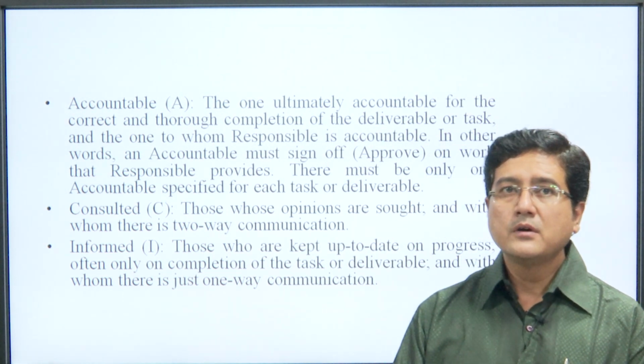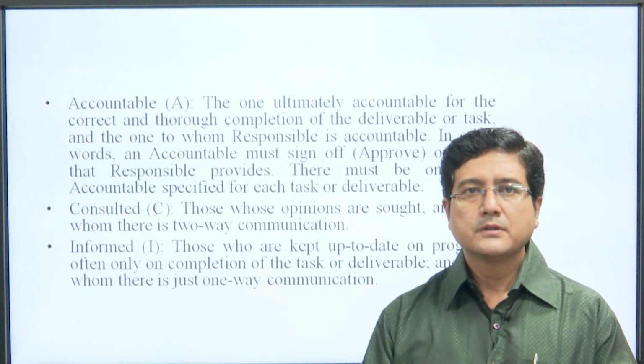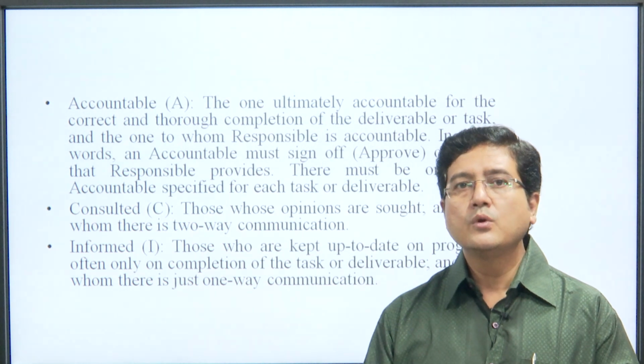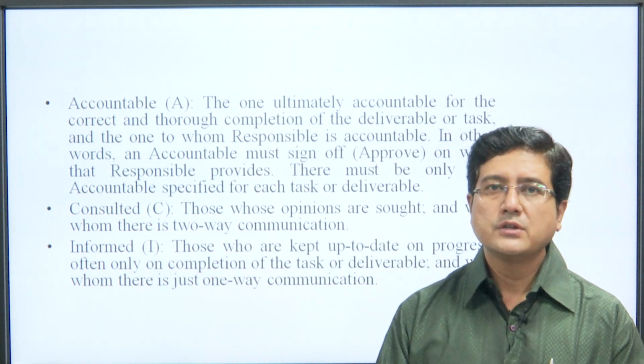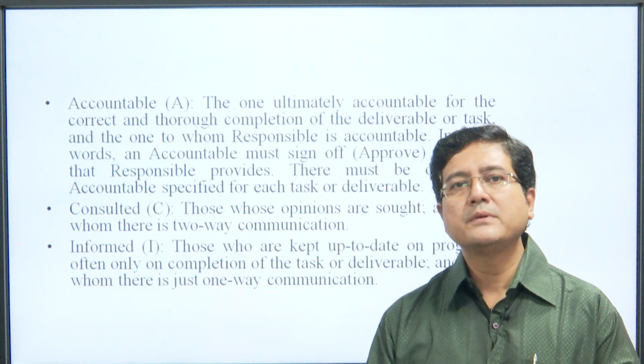The one whom the responsible consults: those whose opinions are sought, and with whom there is two-way communication.